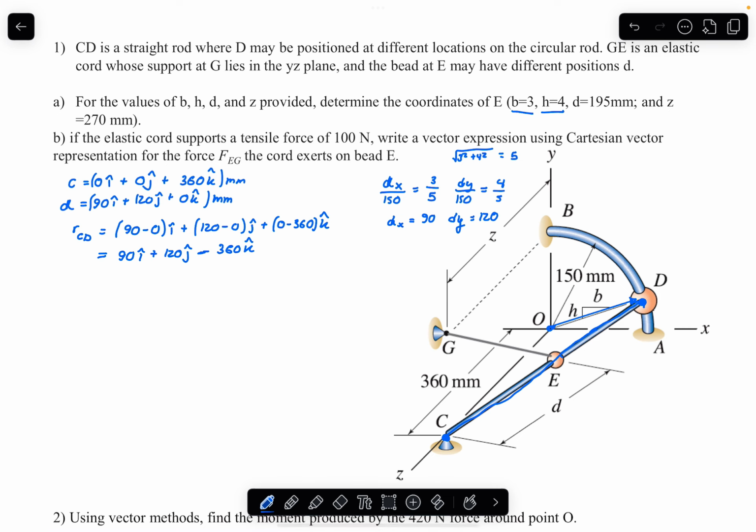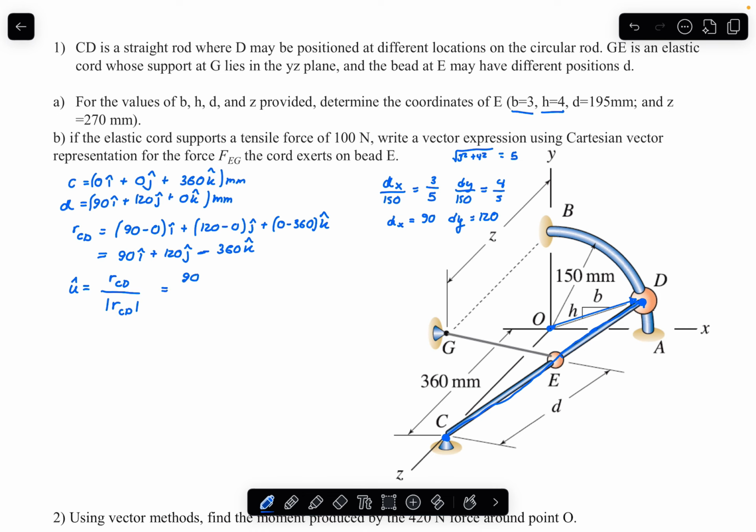Now, from here, we are able to figure out our unit vector. The formula for unit vector is just the vector itself divided by its magnitude. Now, to find the magnitude, you just have to square all these numbers and then take the square root of it. So let's put that in.